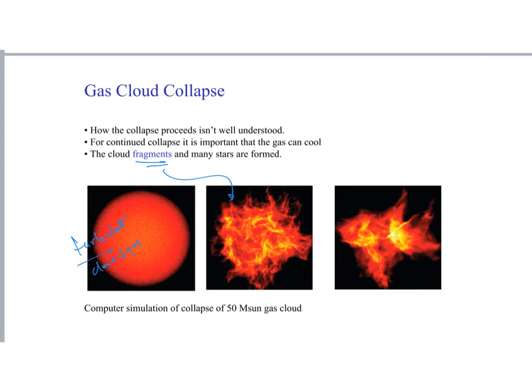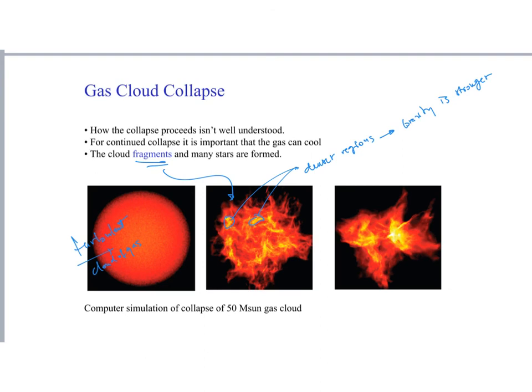There are random motions of the cloud that cause it to become lumpy, and some regions are going to end up denser than others, right? So this and this, for example, are going to be denser regions, and that means gravity is stronger and it has chances to win.